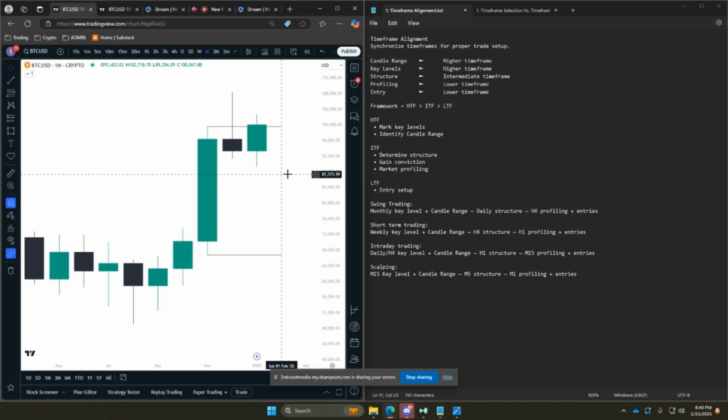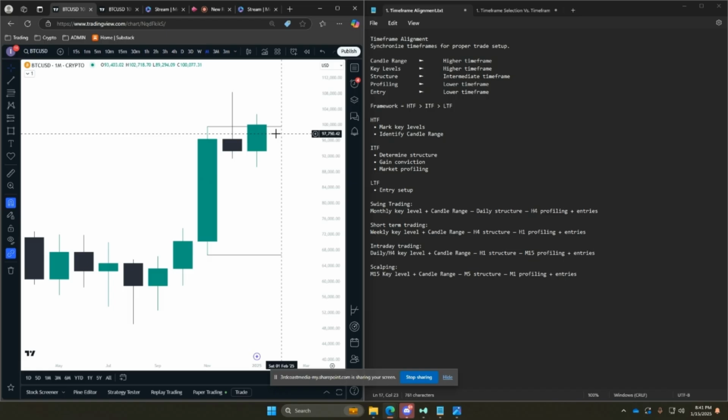But for now, we're just going to start with the monthly time frame as the higher time frame. Just remember that there's a technique behind pairing the time frames.